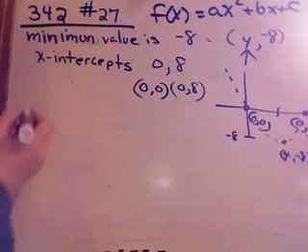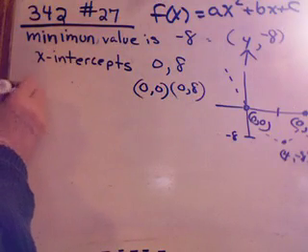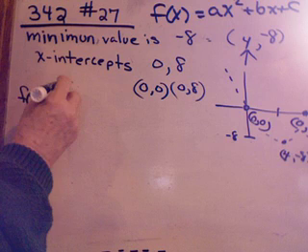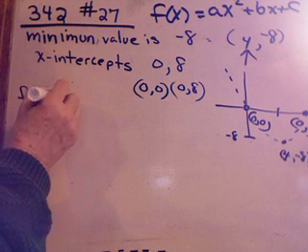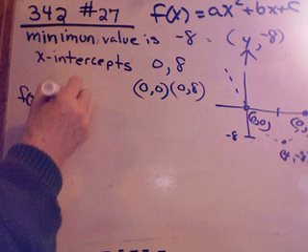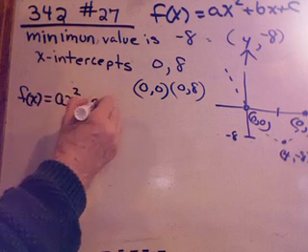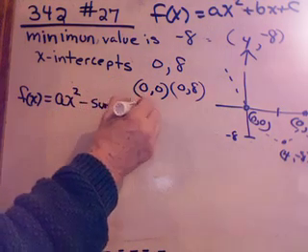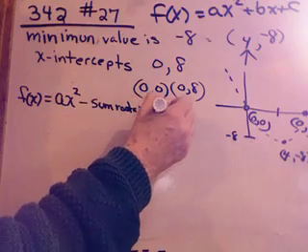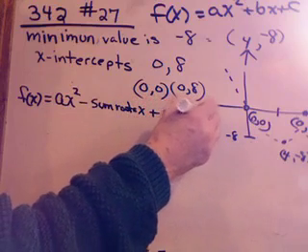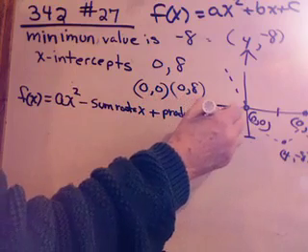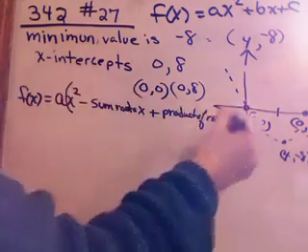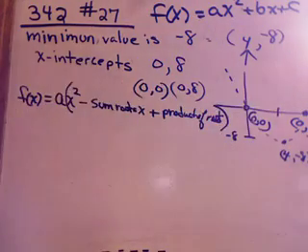Now, with that information, and also we studied the quadratic equation f of x equals a x squared minus the sum of the roots times x plus the product of the roots. So we could think about this equation and think about the roots.